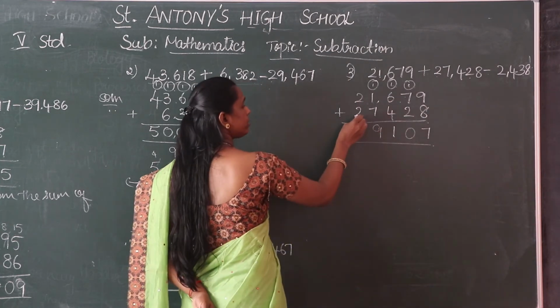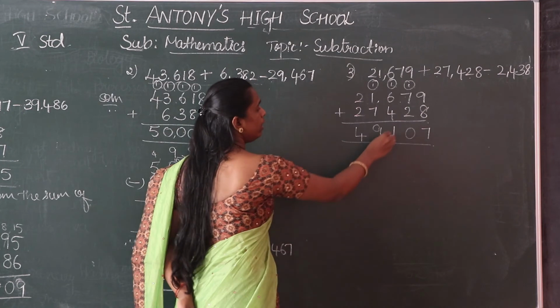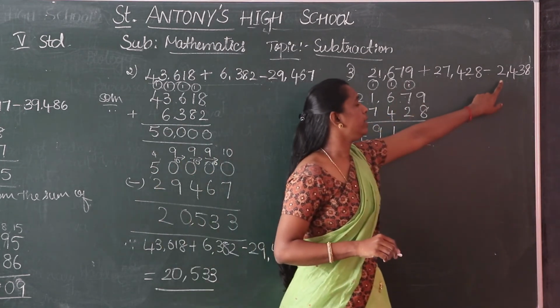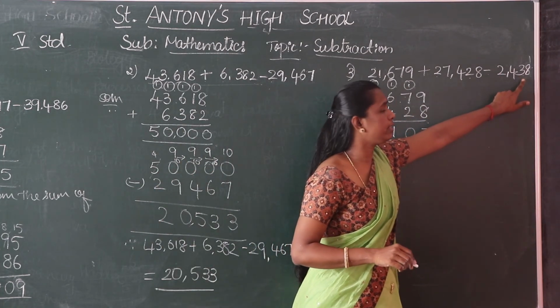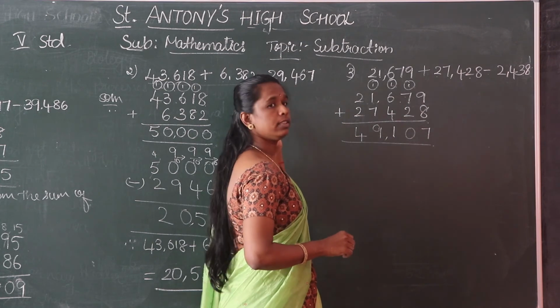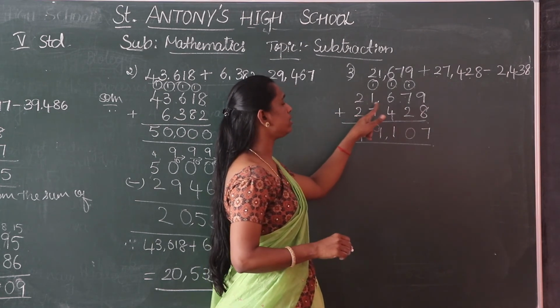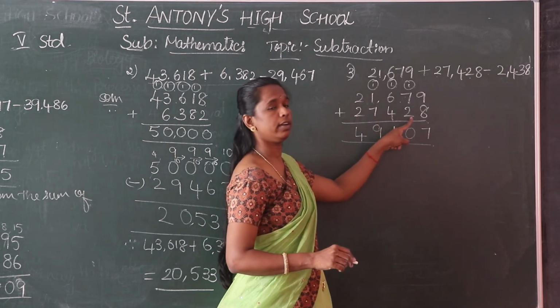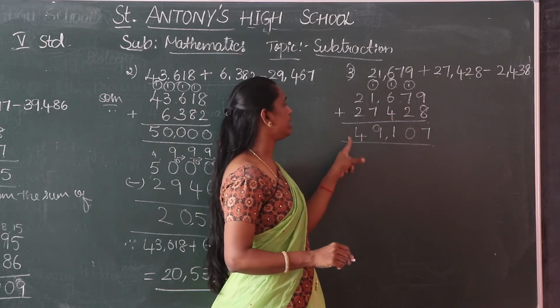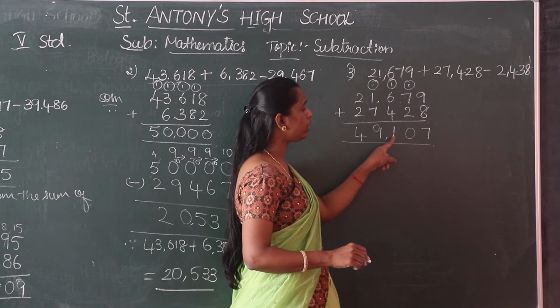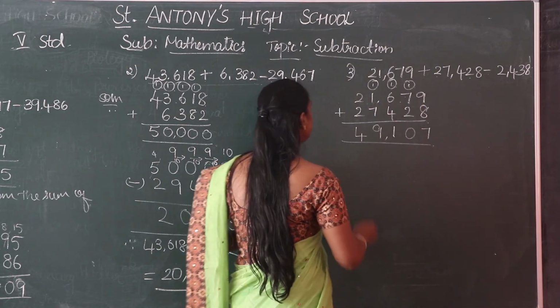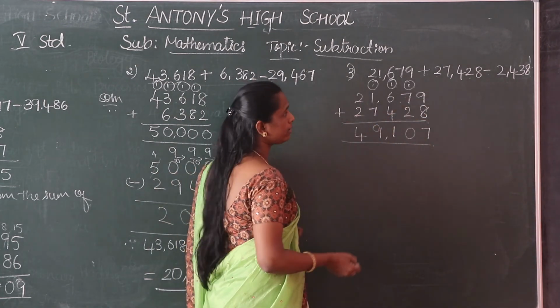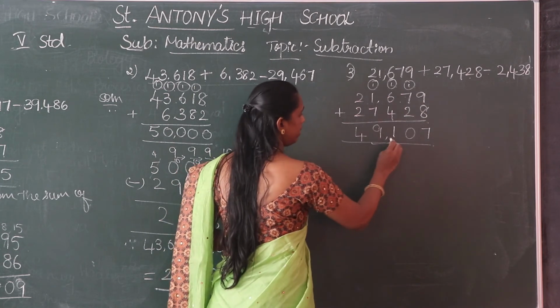Then 2 plus 2, 4. Now subtract 2,438 from the sum of 21,679 and 27,428. What is the sum here? 49,107. So we have to subtract 2,438 from this number.